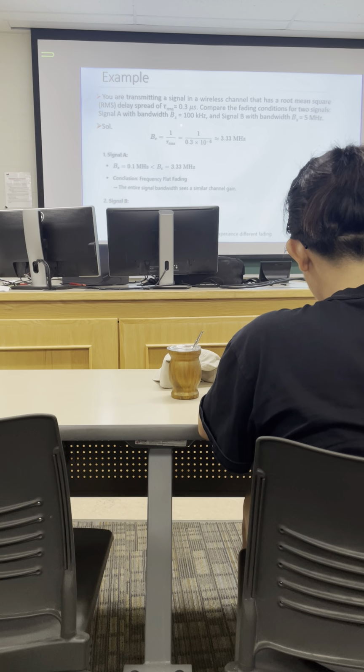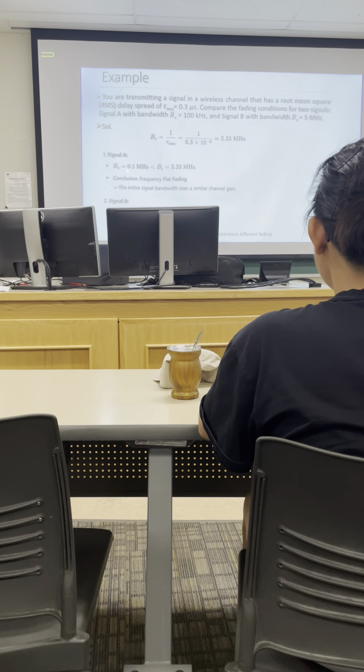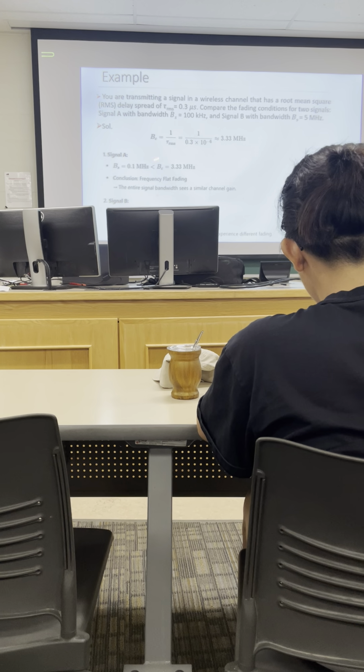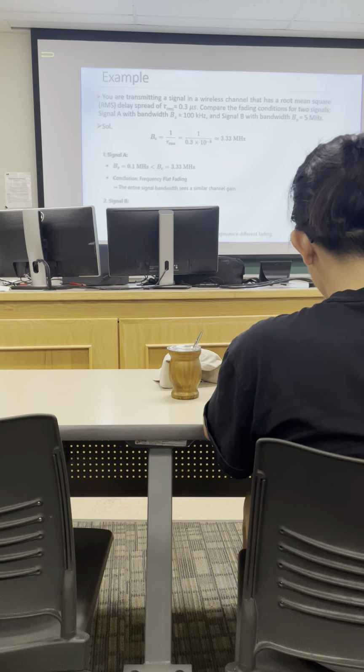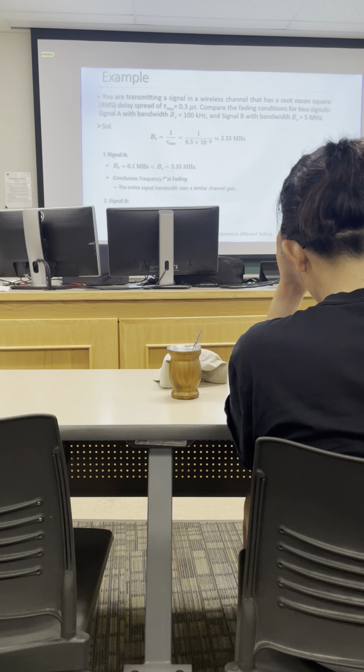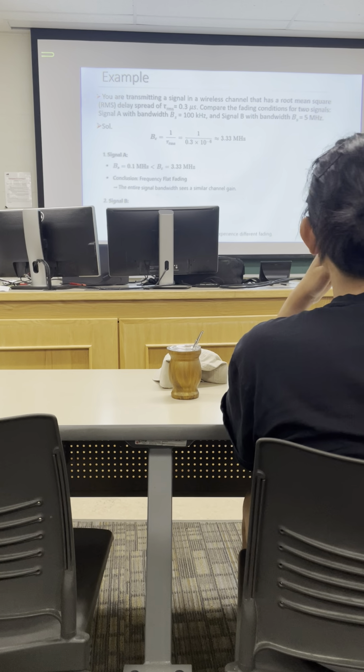Since I have two signals with two different values of bandwidth, if you compare the first signal of 100 kilohertz, which is 0.1 megahertz, to BC, which one is greater? The coherence bandwidth is greater than the signal bandwidth.